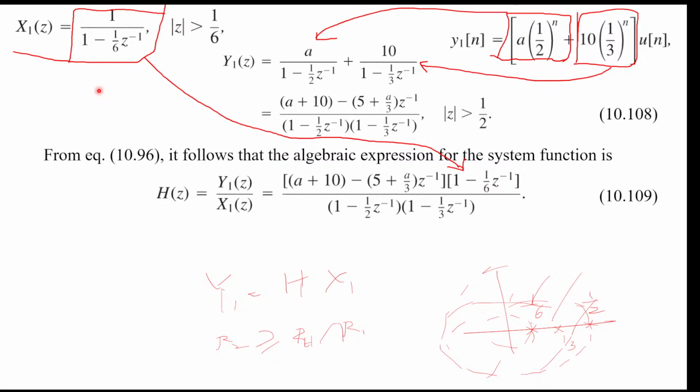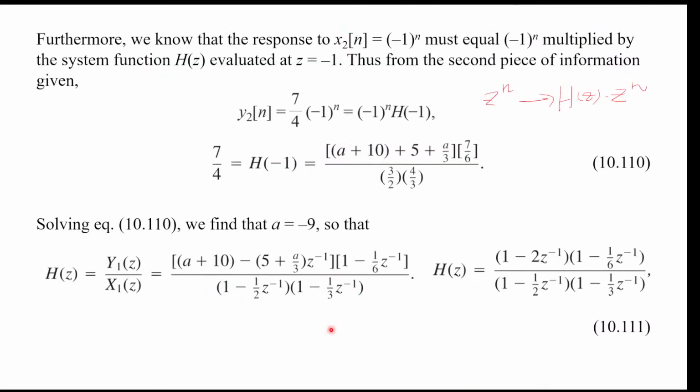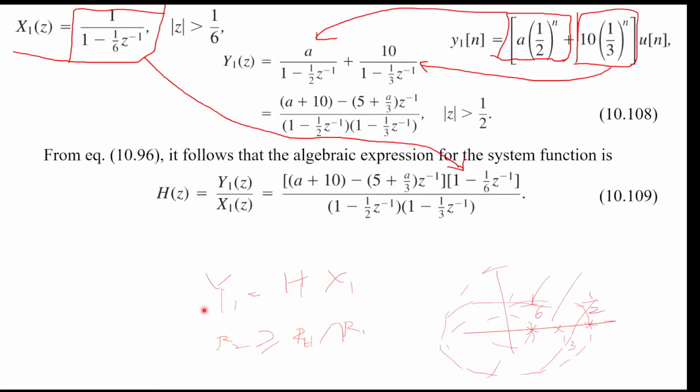And we can also think about the RC of h. The RC of y needs to be the intersection of the RC of h and x, and I guess for now we don't need to determine RC, so I'll skip that.